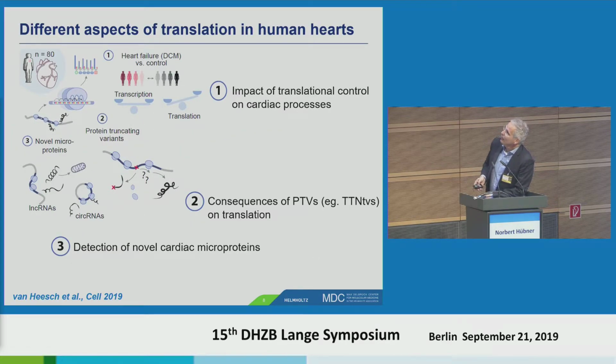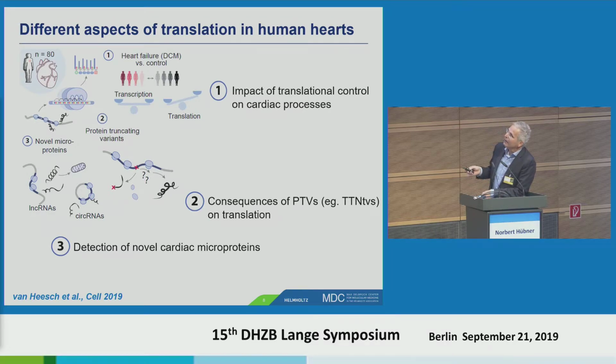So what we can do with this data is look at whether transcription on the RNA level and translation on the ribosome sequencing level, so on the actively translated genes, differs between patients and controls.